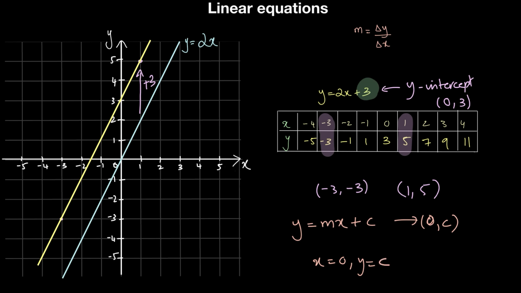And this way of representing a linear equation is called the slope-intercept form.